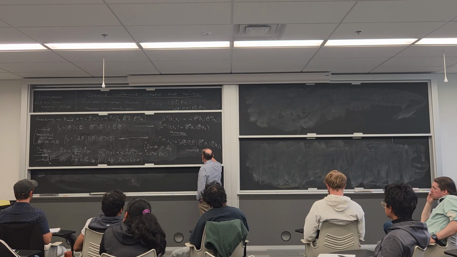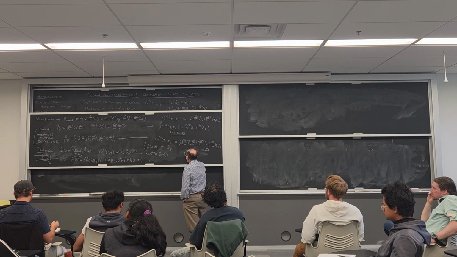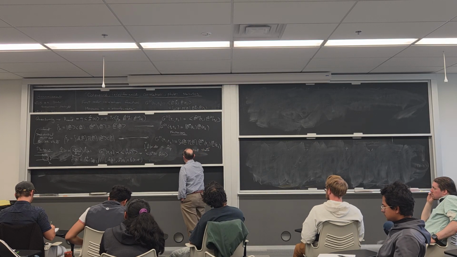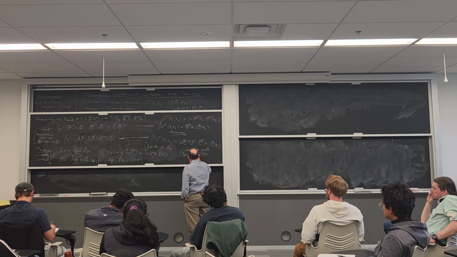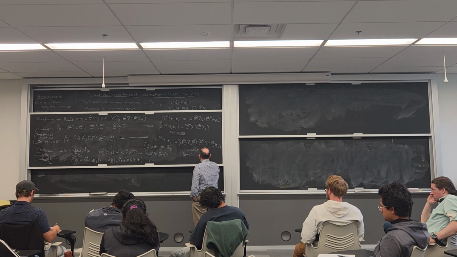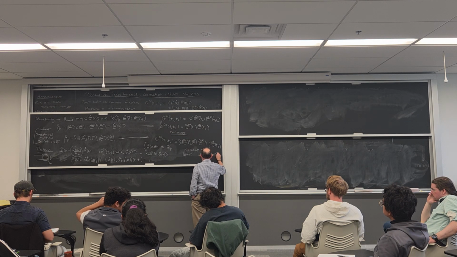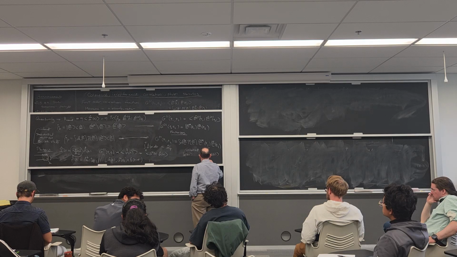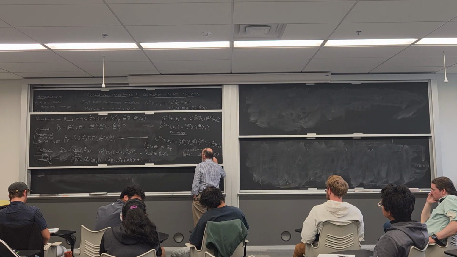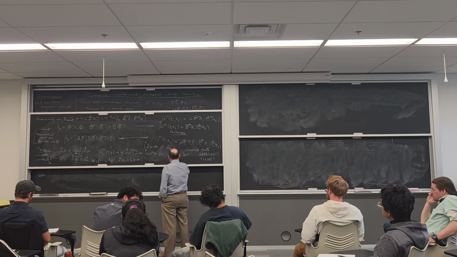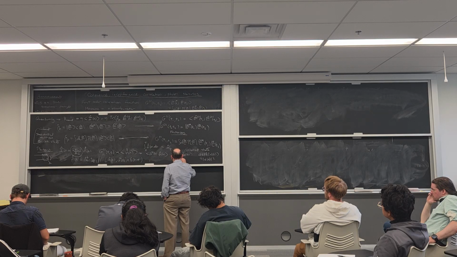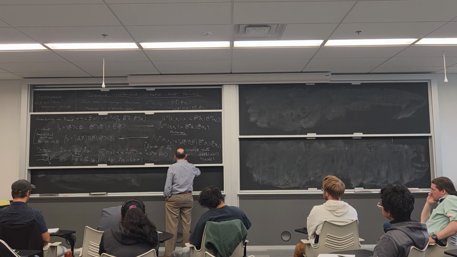So by coherent state, I'll call it alpha, such that the expectation value of this is alpha squared, right? So A on this gives me back the eigenvalue.